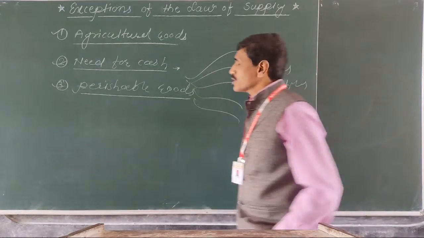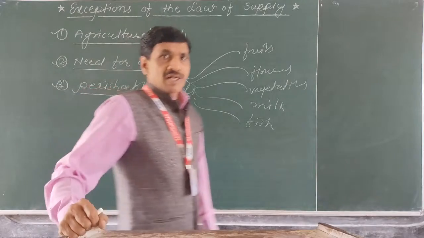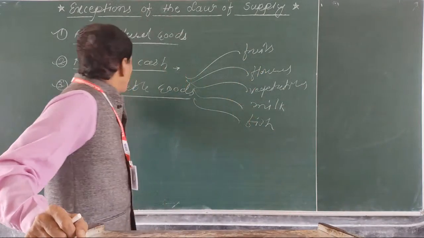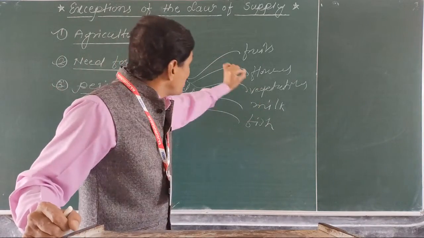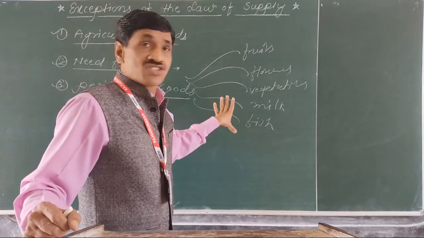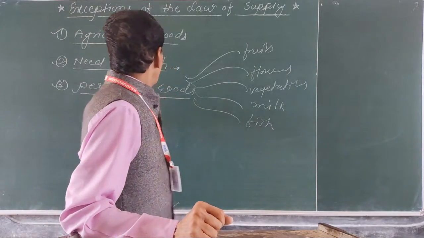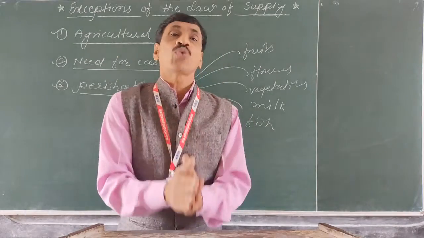So in case of perishable goods, the law of supply cannot be applied. In case of perishable goods like fruits, flowers, vegetables, milk and fish, stock and supply are equal.